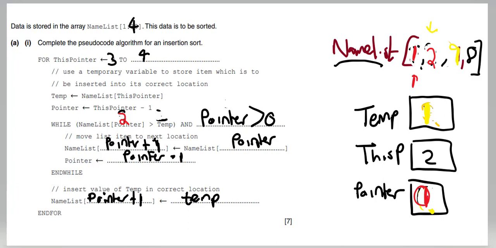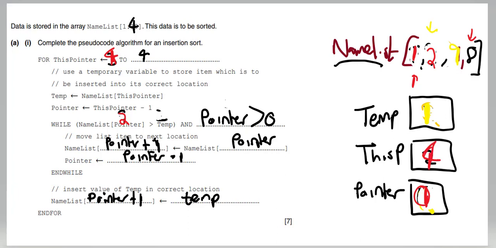Okay, so what we have now is this pointer will equal 4. We're then going to take nameless this pointer, which is the number 8. So what we've got the following. We've got this pointer equals 4, so I'm going to change this value to 4.